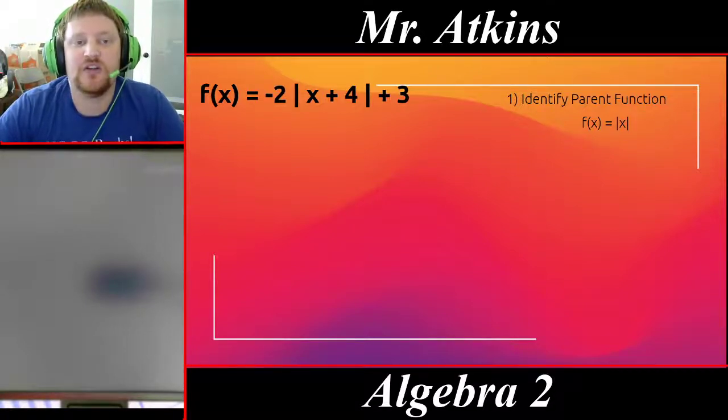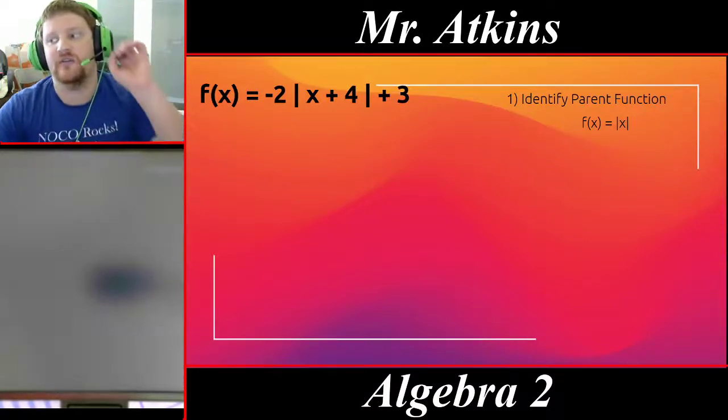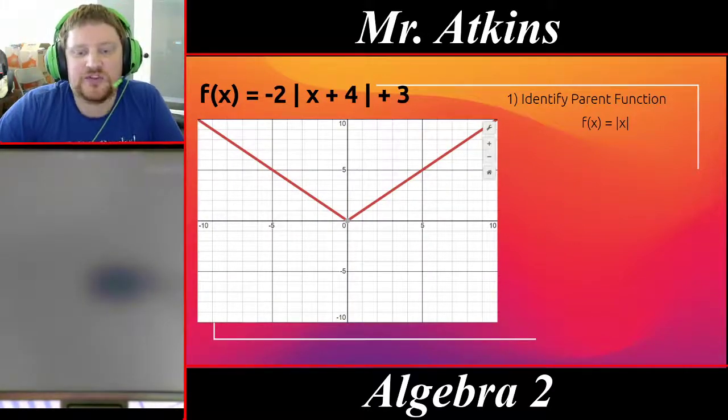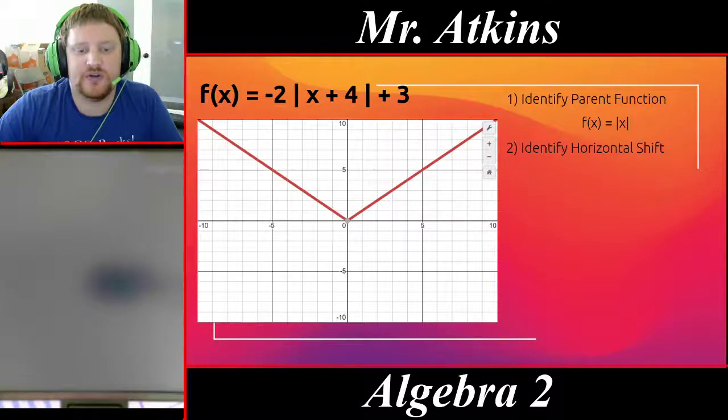And we want to get to the point where every time you guys see f of x equals absolute value of x, you think of this graph. And if you're thinking of that graph when you see that, then you will immediately be able to do these problems much faster.